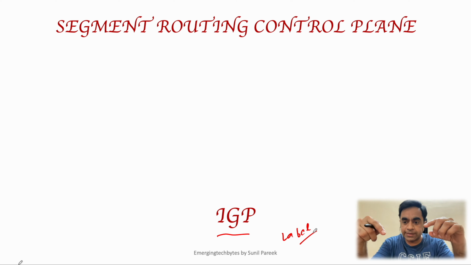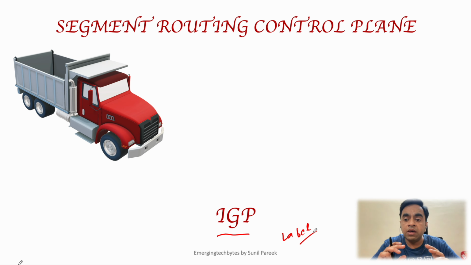So, to answer this, when we are talking about IGP, don't think that it is a truck which can carry all your garbage, where you assign a label to all your IGP destinations.